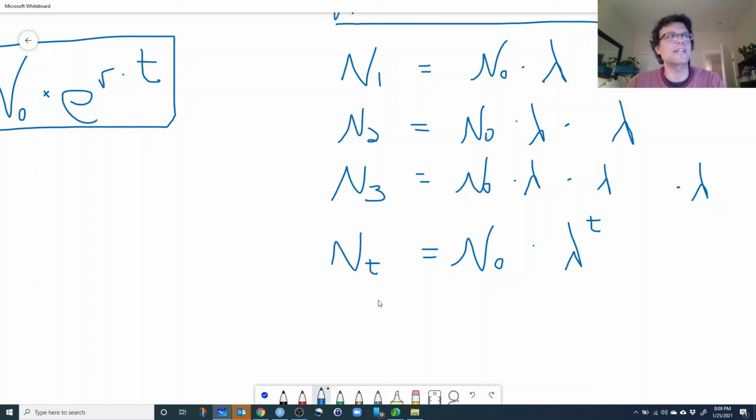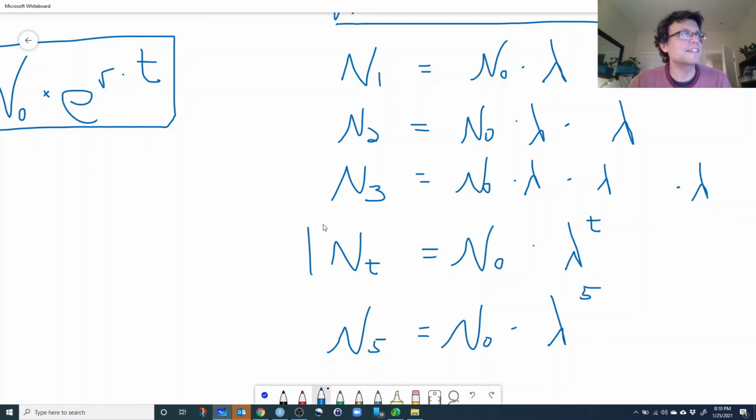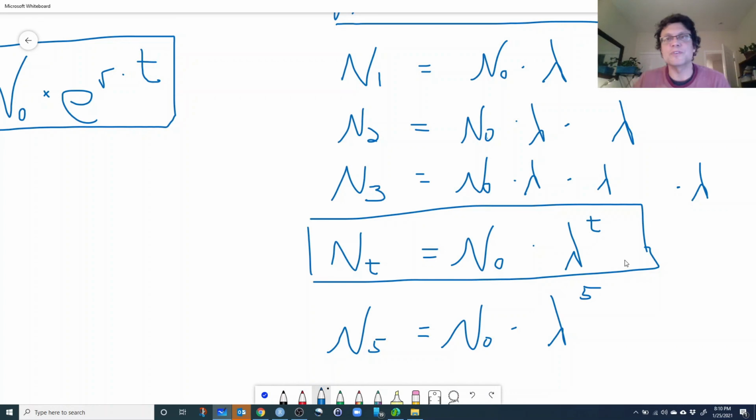So if you want to get the population size at time 5, you just take n0 times lambda to the 5th power. All right. Now, this is another equation that you should commit to memory.